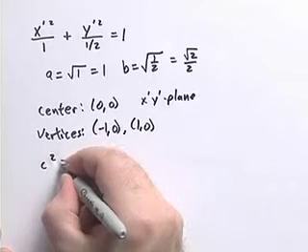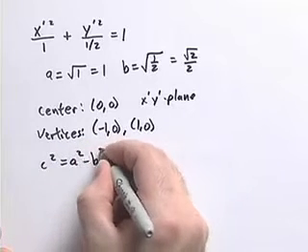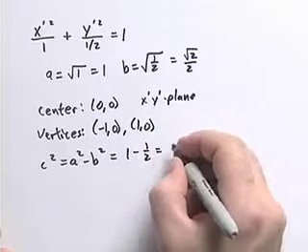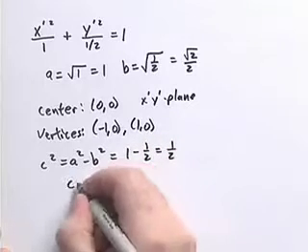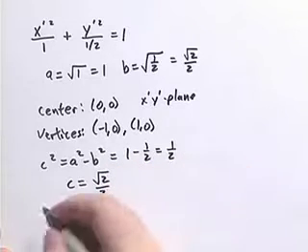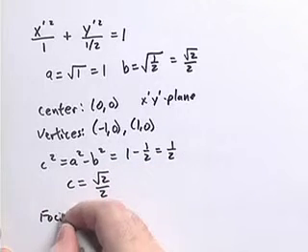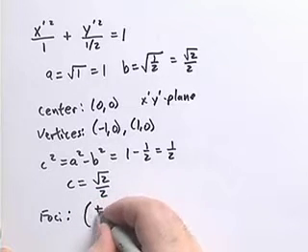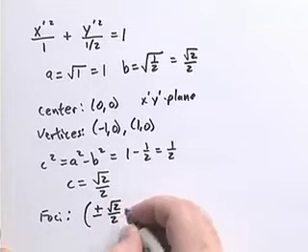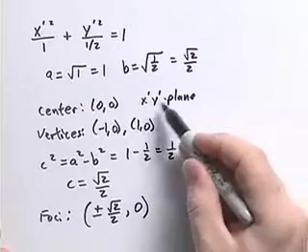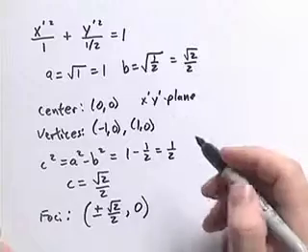You know that c squared is equal to a squared minus b squared. So that's going to be 1 minus 1/2, which is equal to 1/2. So we know that c is equal to the square root of 2 over 2. Therefore, our foci are going to be located at the points plus or minus the square root of 2 over 2, 0, again in the x prime, y prime plane.